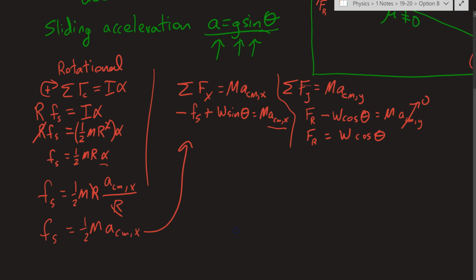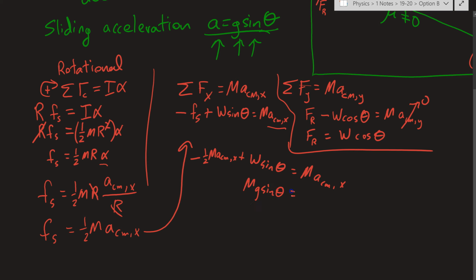So actually I never even needed reaction force to solve for what the friction is. So that would be negative 1/2 m a center of mass in the x plus w sine theta equals m a center of mass in the x, and then that's mg sine theta equals m a center of mass in the x minus 1/2 m a center of mass in the x.